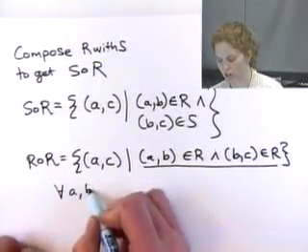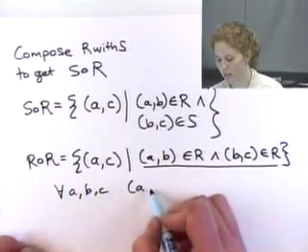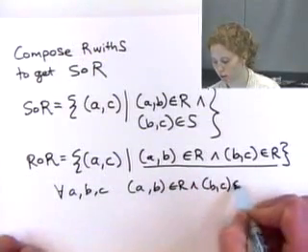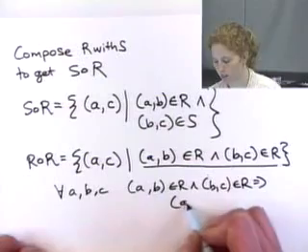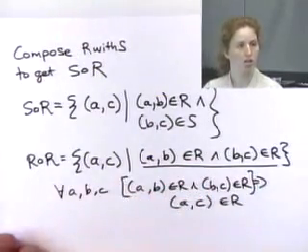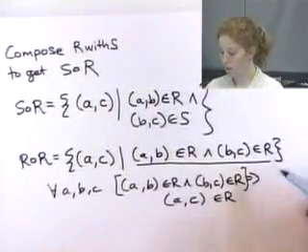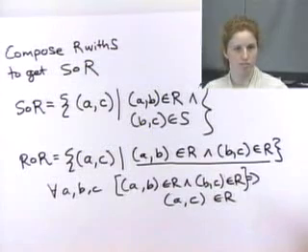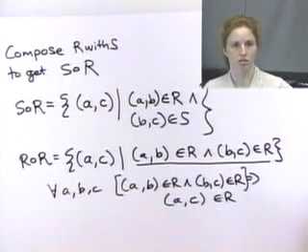When I have transitive, I have to say, for all A, B, and C, if I have AB in R and BC in R, that implies that AC is in R. And R composed with R has all of those AC points, every single one of them, no matter what A, B, and C are.